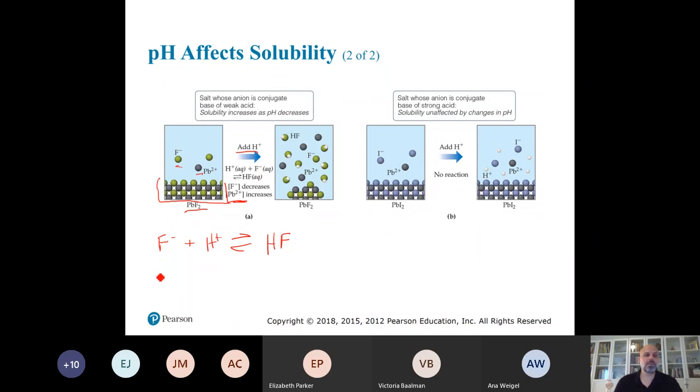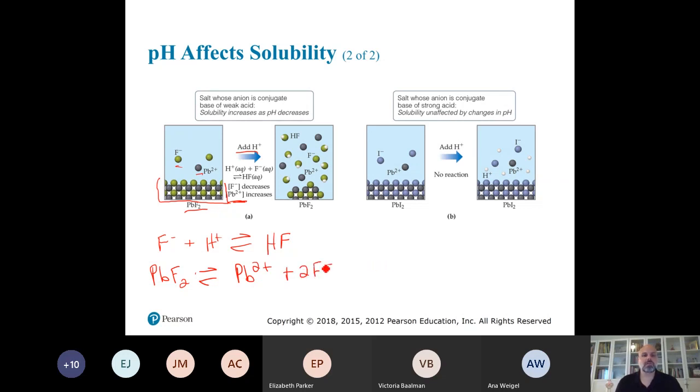So you have lead fluoride in equilibrium with lead ions plus fluoride ions in solution.